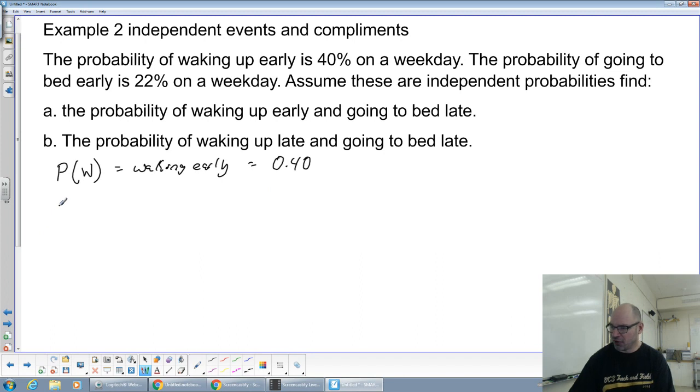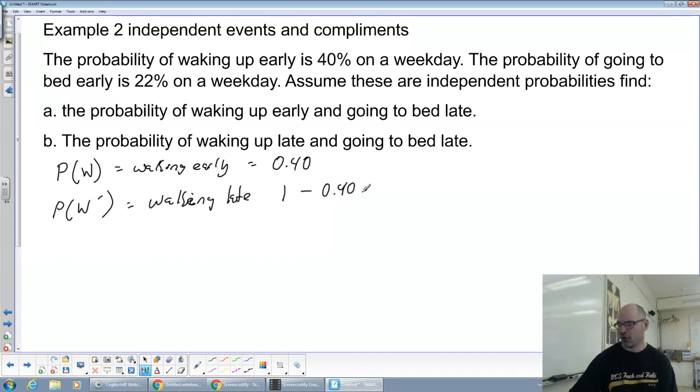The probability of not waking up early, this is waking late, we don't need a new variable for it because it's a complement of this. So that would be 1 minus 0.40, or 100% minus 40% gives us 60%, or 0.60 as we write it as a decimal.